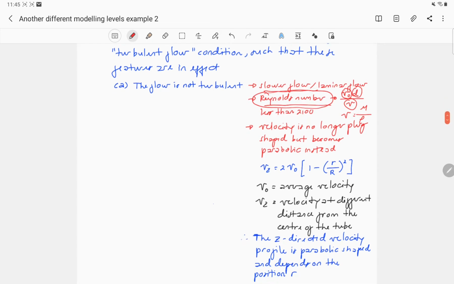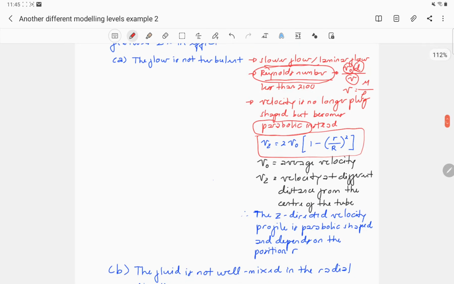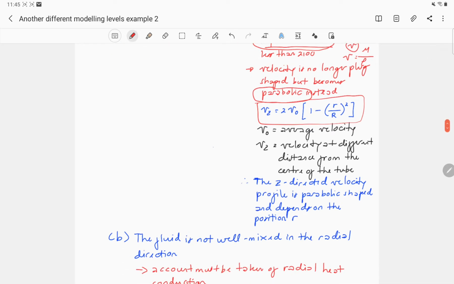So because the velocity is no longer plug shape, it becomes a parabolic velocity profile and can be described by these particular equations, where the velocity in the z, the subscript in here, is basically indicating the direction of the velocity. So as you can see in the tube, you have two directions, the z direction and the r direction.